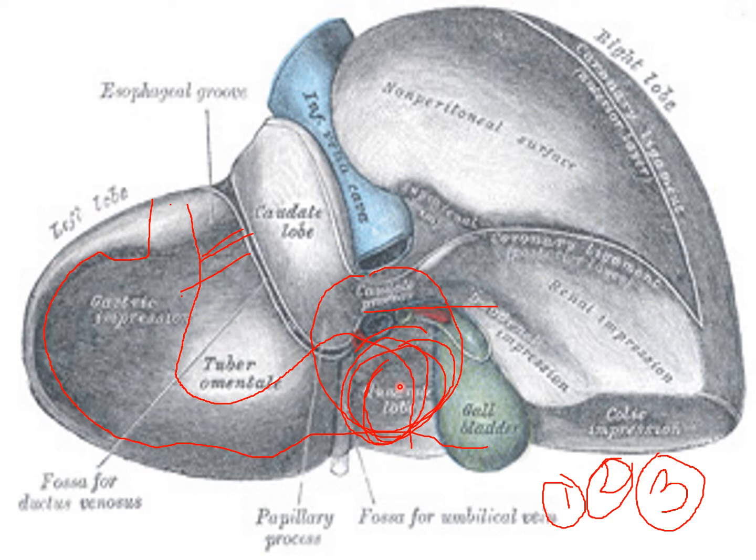So now the quadrate lobe will be related to the first part of the duodenum and a part of the transverse colon. So when the stomach is empty, the quadrate lobe is related to the first part of the duodenum and a part of the transverse colon.